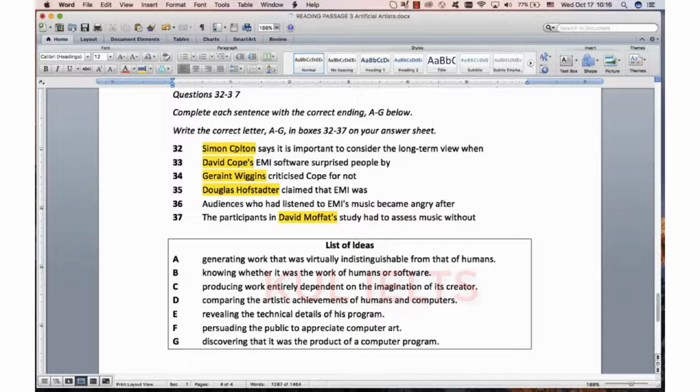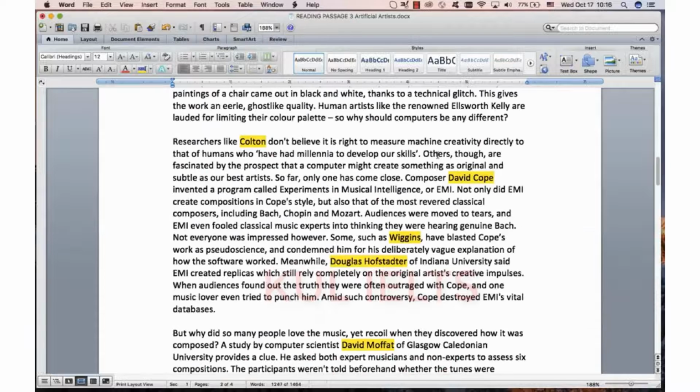So let's see what Colton says. It's important to consider the long-term view when. Now here they're talking about other people, so it's only this sentence that we need to compare. You can zoom in on that sentence pretty quickly. What do they say? Colton, he doesn't believe that it's right to measure the machine creativity directly to humans.